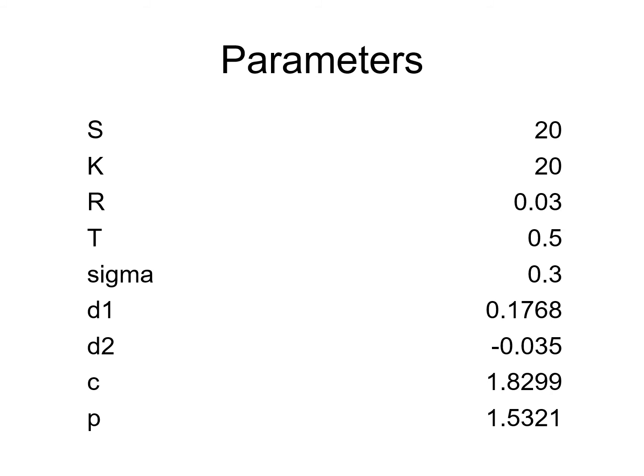Volatility sigma is 30%. With these parameters, we can calculate d1, d2, and then the call and put prices. Here, the call price is 1.83 and the put price is 1.53.